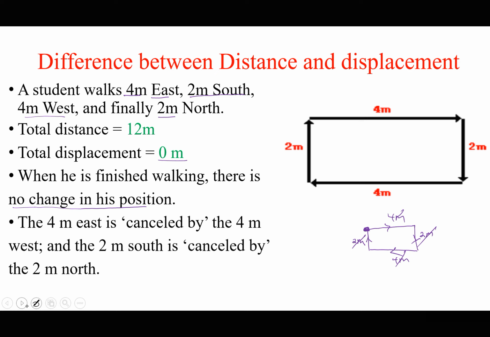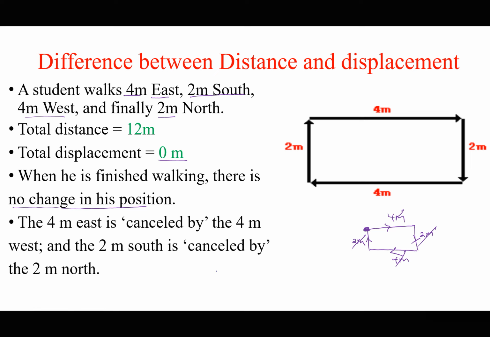If you start from a point and come back to the same point, the displacement will be 0, but the distance will not be 0. If there is no change in direction, the displacement will be the same as the distance.